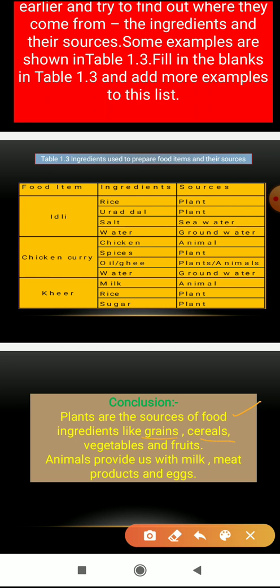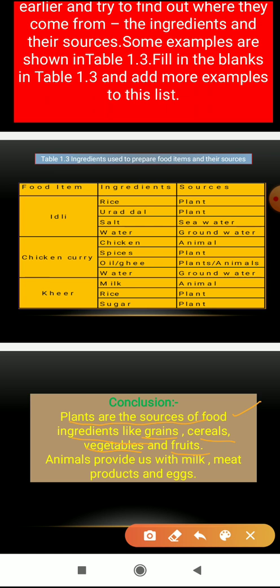We know that these come from plants. Also vegetables, different types like brinjal, potato, bottle gourd, so many vegetables which we use daily, are sources from plants. Fruit also we get from plants. So plants are the sources of food ingredients like grains, cereals, vegetables and fruits.